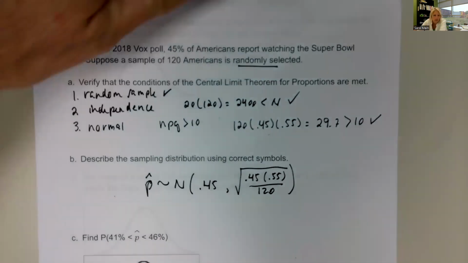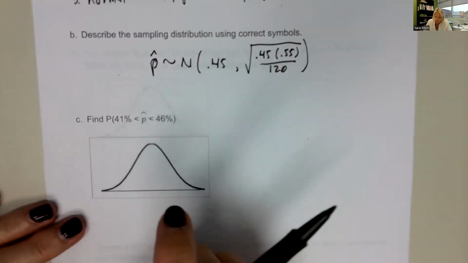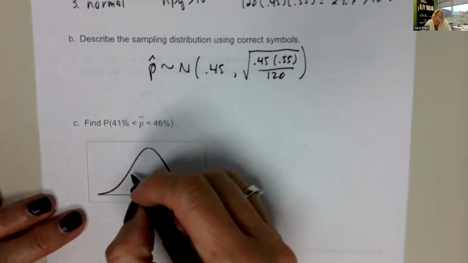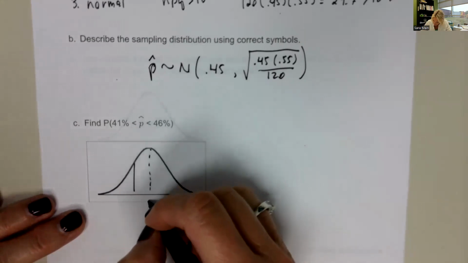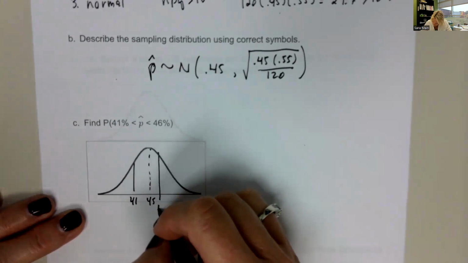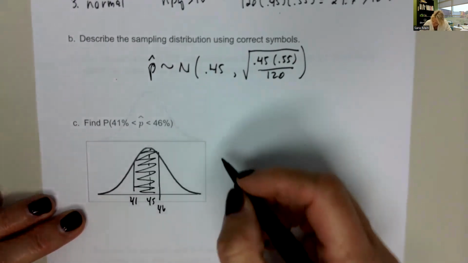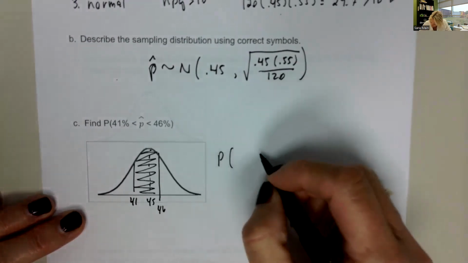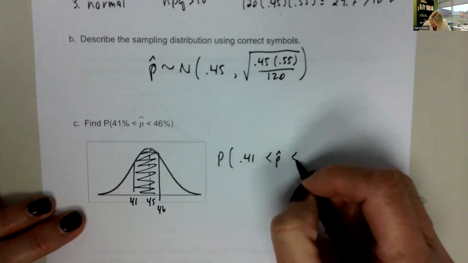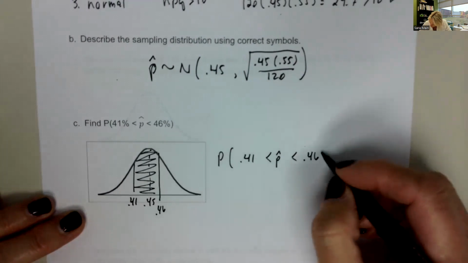And it says, find the probability that the sample proportion that watched the Super Bowl is between 41% and 46%. So if the mean is here at 45, we're saying 41 to 46. So the probability that the sample proportion is between 0.41 and 0.46.